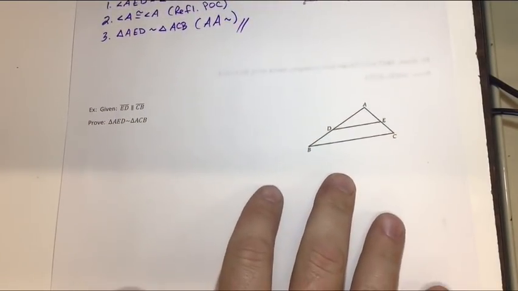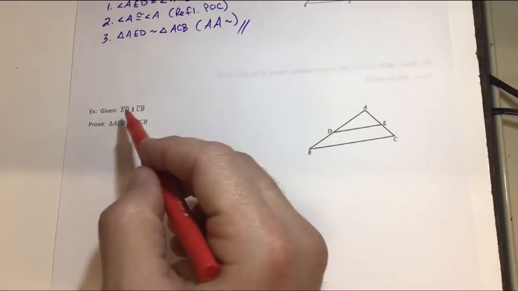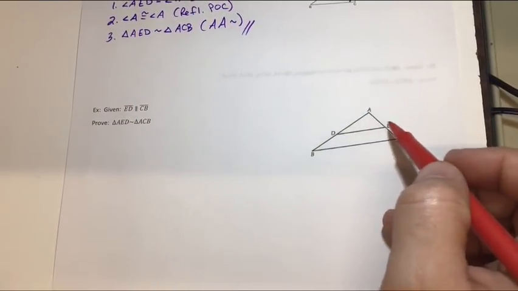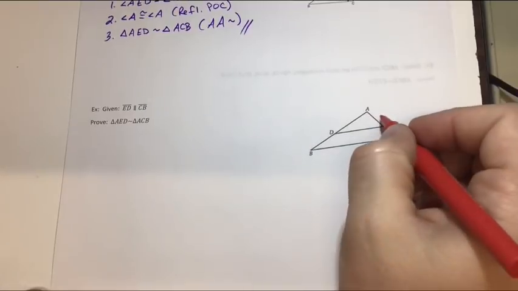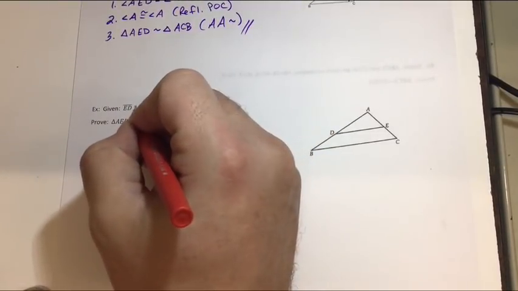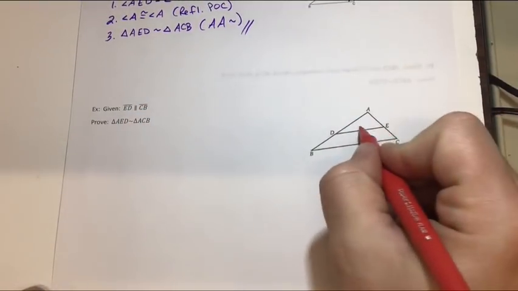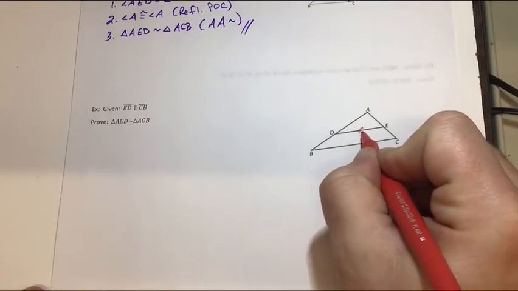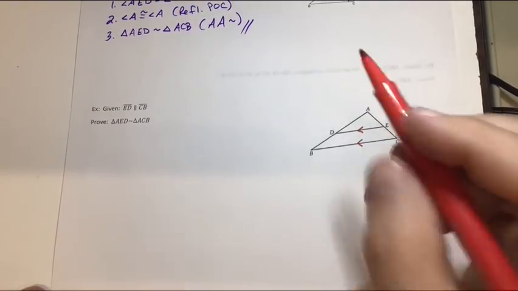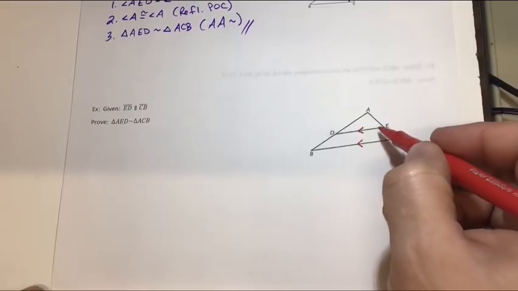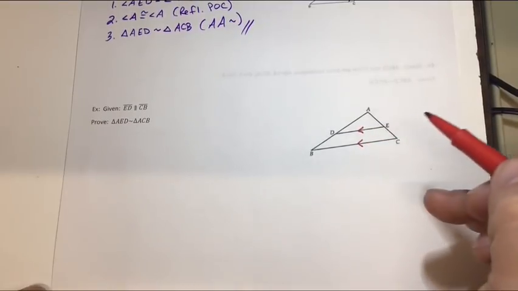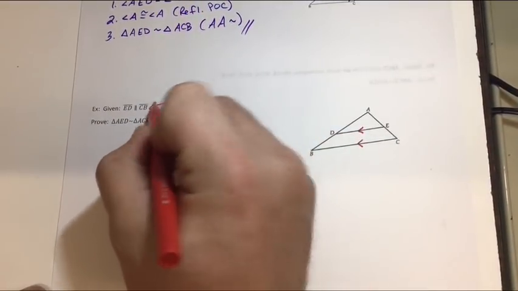Okay, so we're going to take a look at our next example. We're going to use our given information and prove that these triangles are similar. Notice the given information is that we have parallel lines. ED is parallel to CB. And so I'm going to go ahead and mark those here. I need you to remember that anytime we have parallel lines, that creates congruent angles.